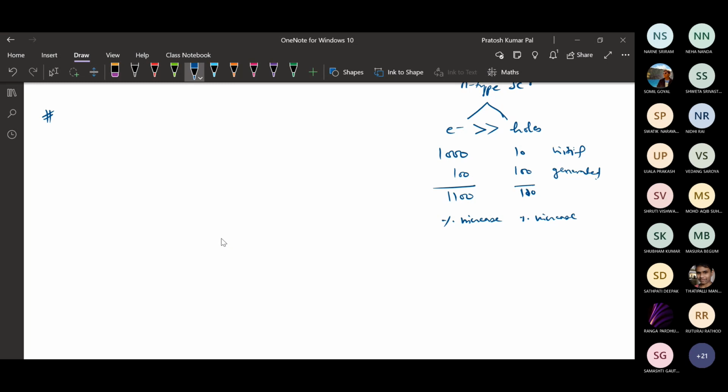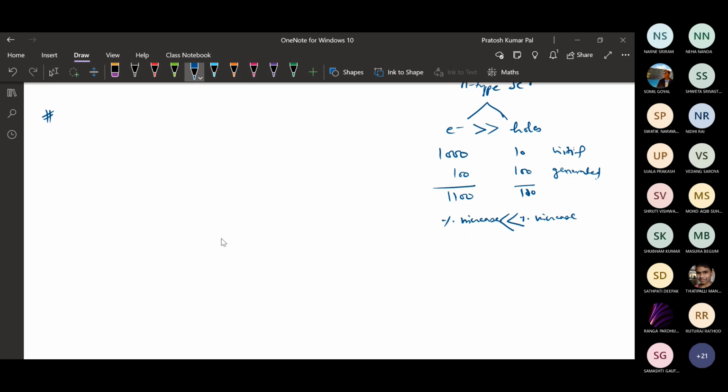The percentage increase will be very much greater in holes than in electrons, because electrons are already available in plenty, but holes are very few in an n-type semiconductor. So once some amount of holes and electrons have been generated, the increase in hole concentration will be much more than the increase in electron concentration.